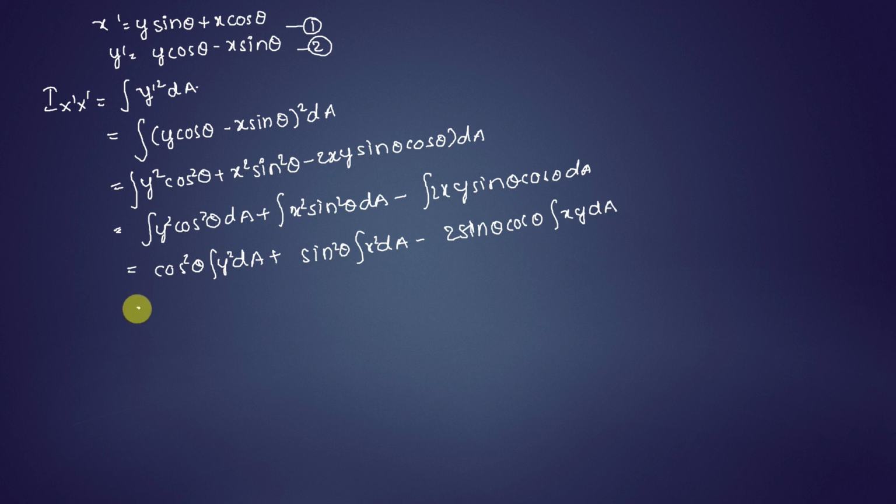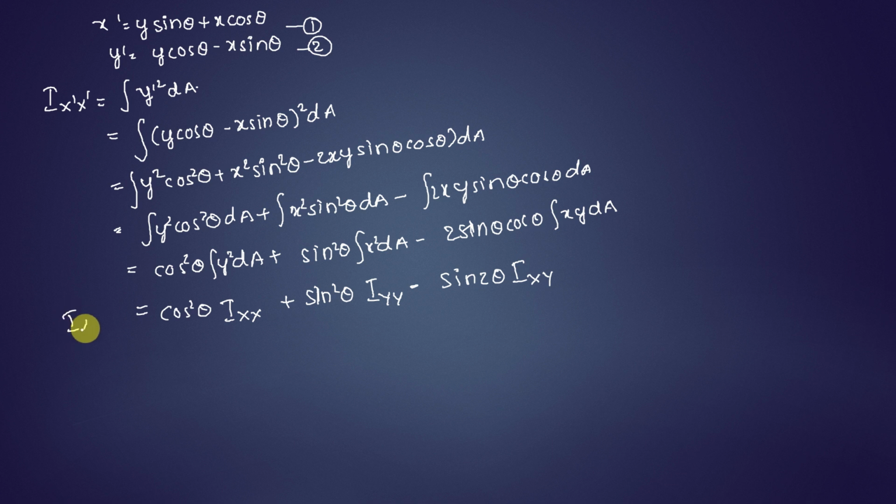Right. So according to the old moments of inertia, cos square theta into integral y square dA, which is Ixx, the moment of inertia about the old x-axis, and sine square theta into the moment of inertia about the old y-axis, minus 2 sine theta cos theta, I can write it as sine 2 theta, into Ixy, the product of inertia about the old axis. So that is Ix dash x dash. Take it as equation number 3.